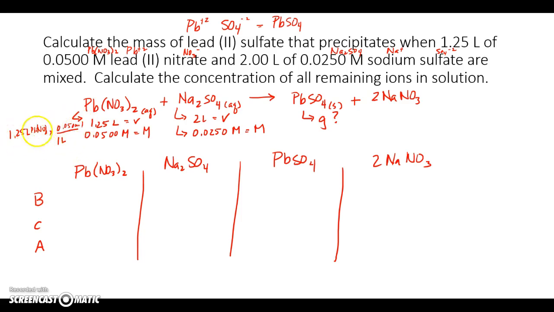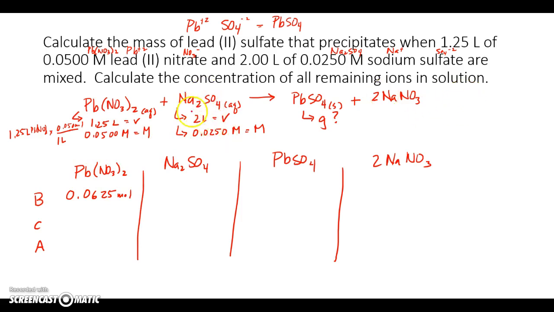So this will allow me to cancel that out. And when I do that calculation, my calculator tells me that I have 0.0625 moles of Pb(NO3)2. I'm going to do the same strategy over here. I'll do it on the side.